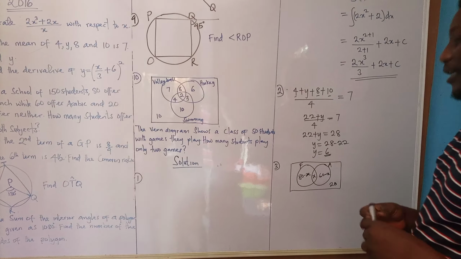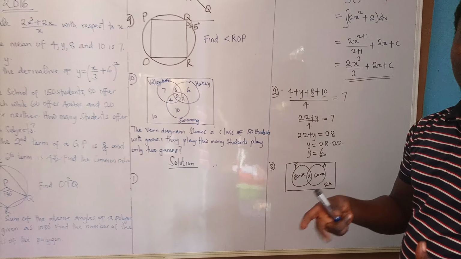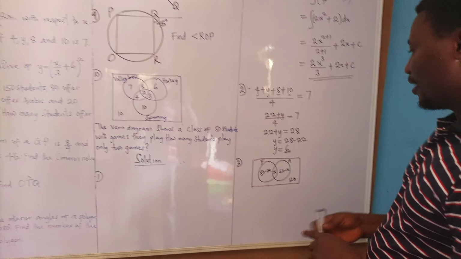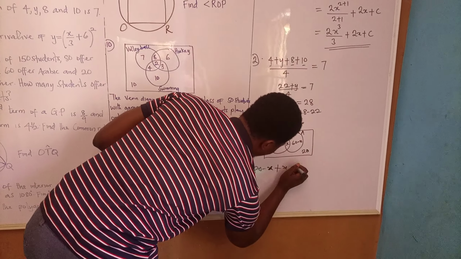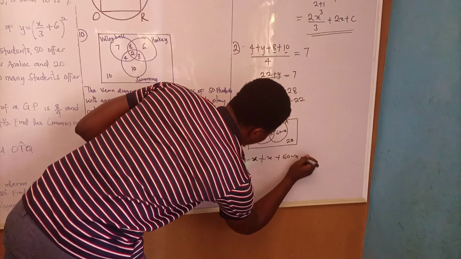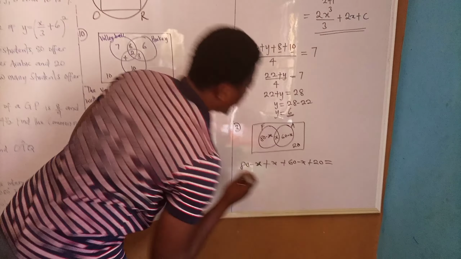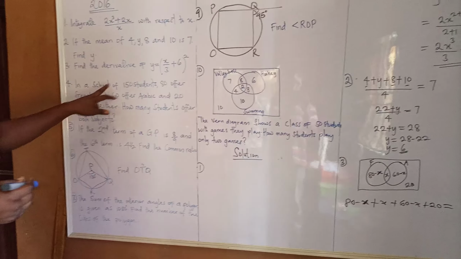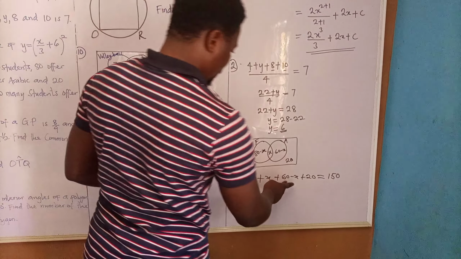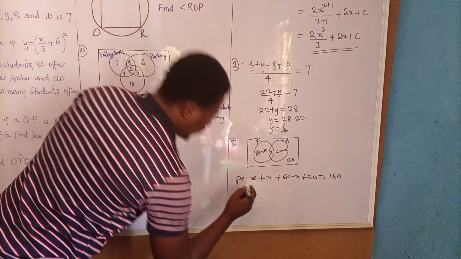So we need to get X. X has to do with the number of students that offered both subjects. Then how do you get that? We can see in the Venn diagram, we have 80 minus X plus X plus 60 minus X plus 20. And that will be equal to the total number of students in that school, which is 150. Then in that case, we have 80 plus 60 to be 140, 140 plus 20, that is 160.